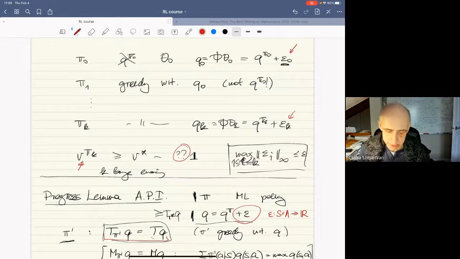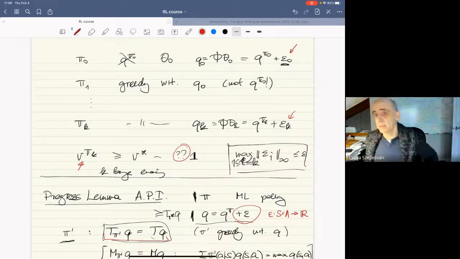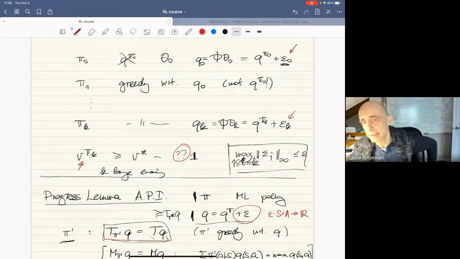But if this is the condition, then you can do it. The only thing is that the approximation error is going to be blown up by a factor of square root of d. So next time we're going to talk about whether that can be avoided.